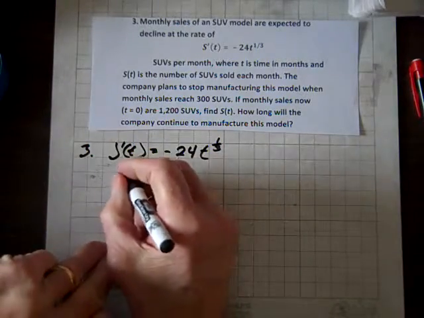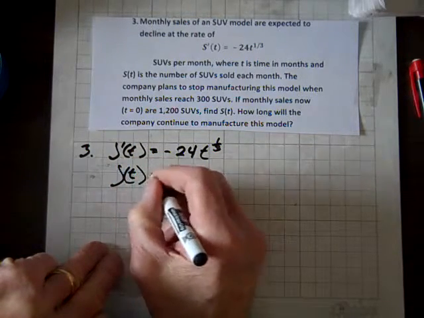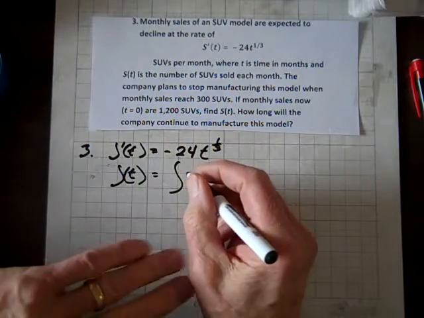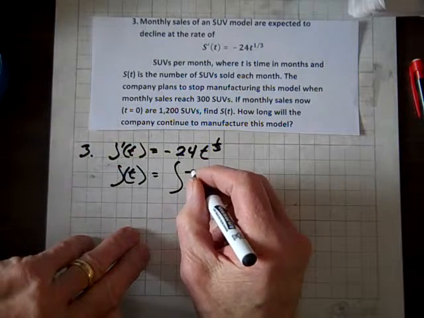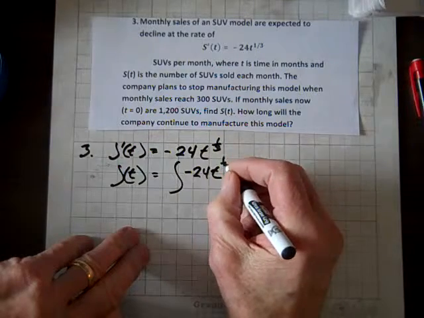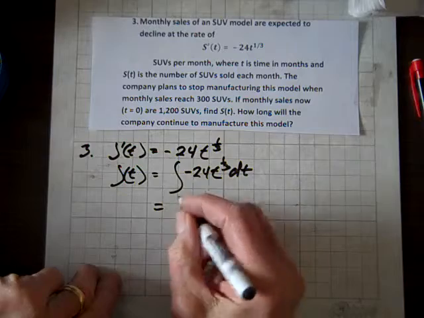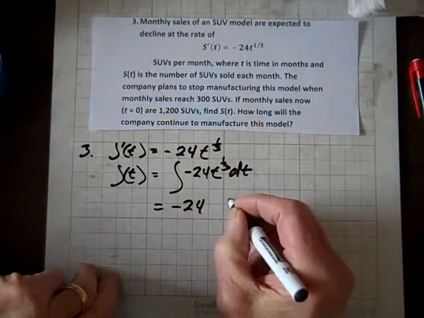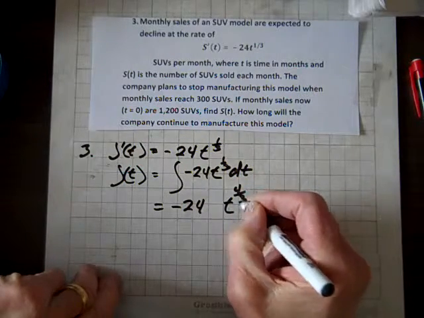Well, to find S of t, we simply take the integral, I beg your pardon, not the derivative, of negative 24 t to the 1/3 dt. And so that's going to equal negative 24, and we'll increase the exponent by 1, so that'll be 4/3.